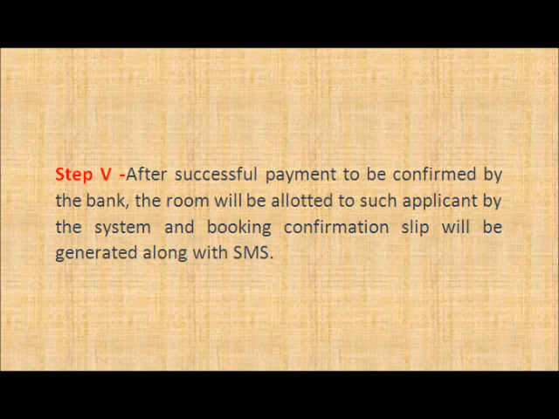Step 5. After successful payment is confirmed by the bank, the room will be allotted to such applicant by the system and a booking confirmation slip will be generated along with SMS.